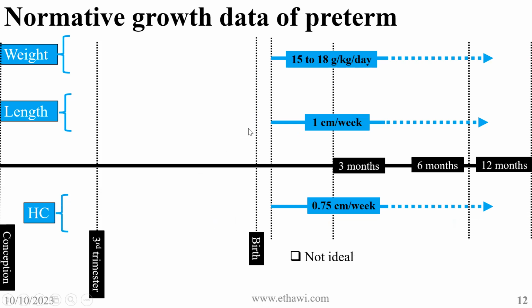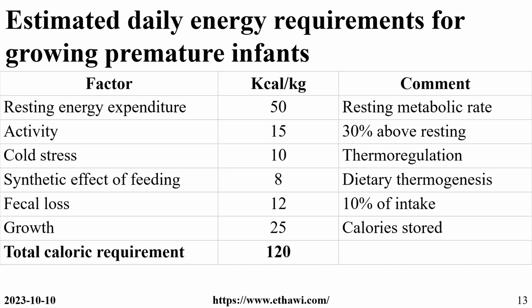This is the growth of preterm babies. So you can see before birth, we don't have any idea. And post-birth is also these, the actual weight gain. Now, remember when we give calories to the baby. So if we give only 50 kilocal per kg per day.